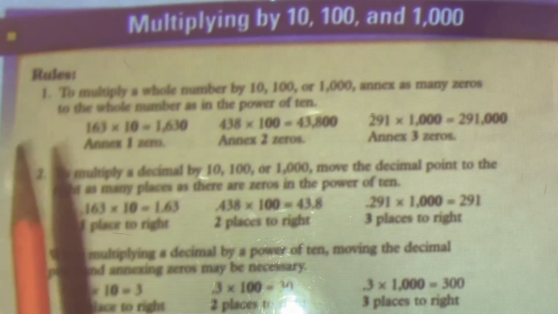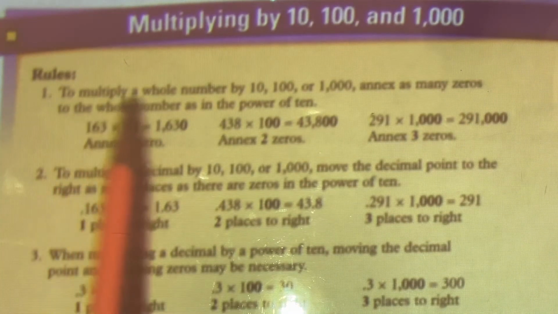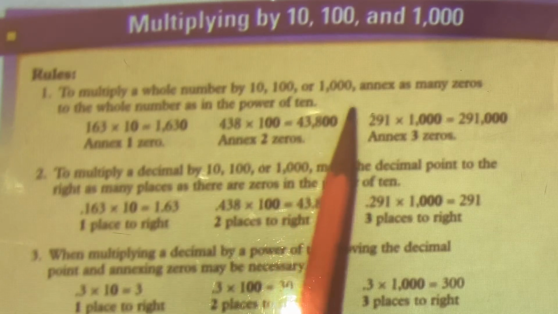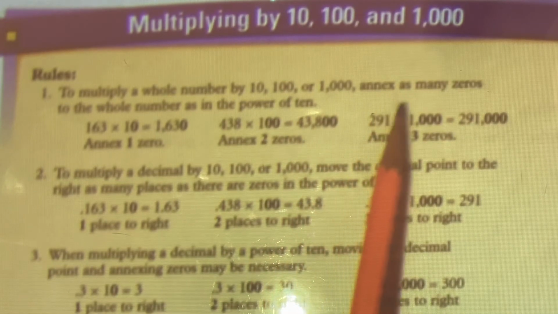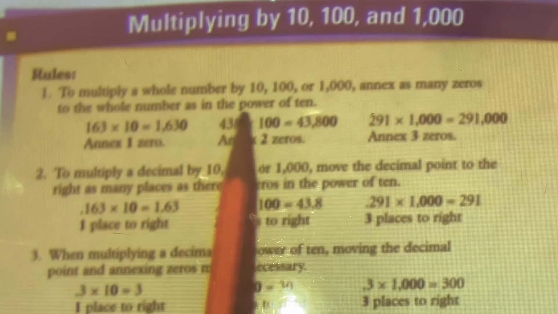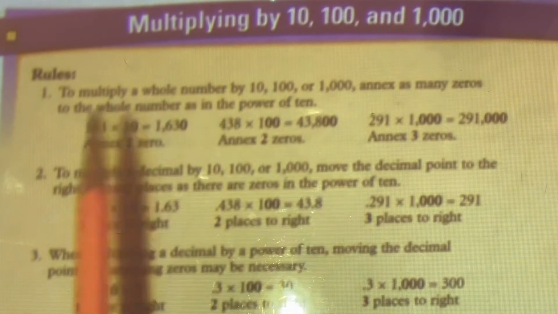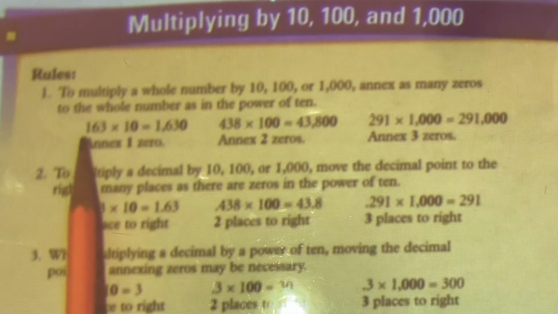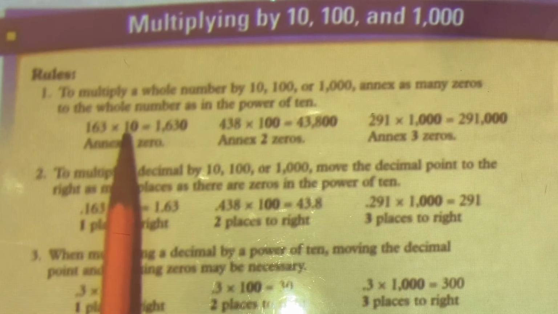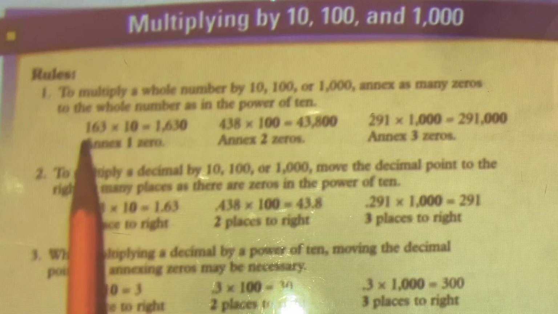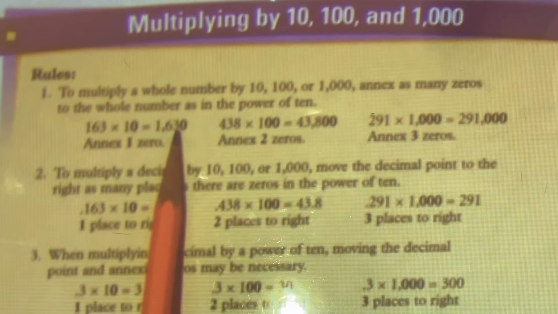So the first rule says, to multiply a whole number by 10, 100, or 1000, you have to add as many zeros to the whole number as in the power of 10. So let's look at the first example. It says 163 times 10. Because the 10 only has 1 zero, we would add 1 zero to 163.